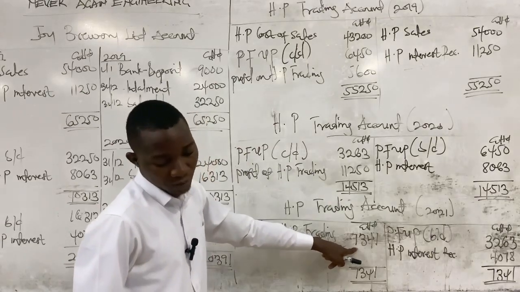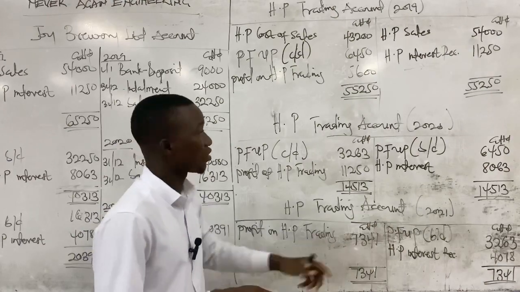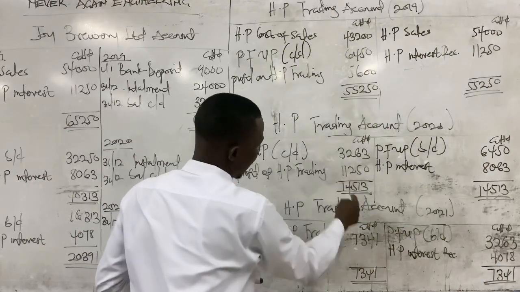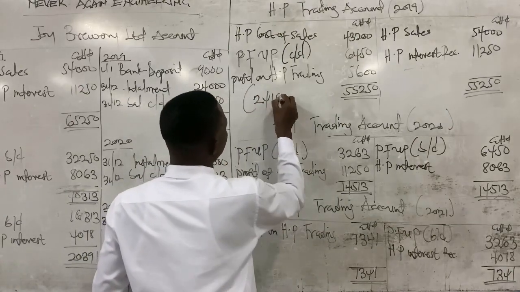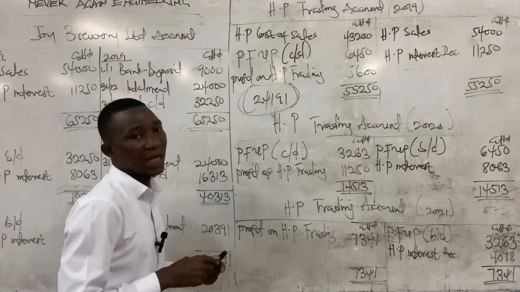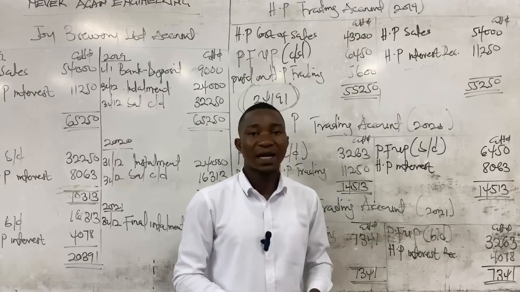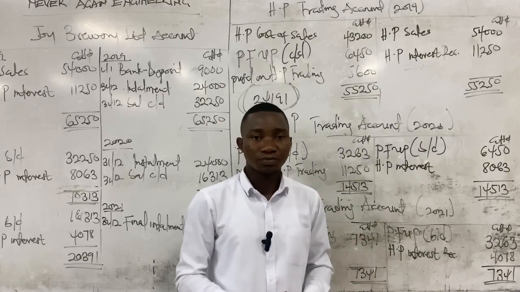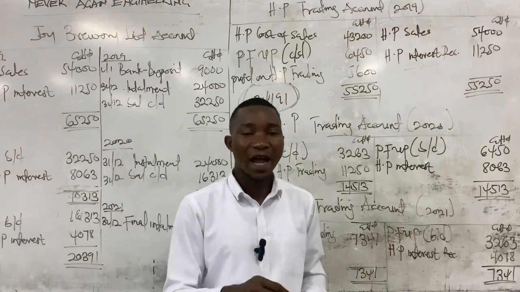This will be the total profit at the end of the hire purchase contract. And when you sum these three up, it will give you an amount of 24,191. So basically, this is how we make an accounting arrangement for hire purchase transactions in the books of the hire vendor.